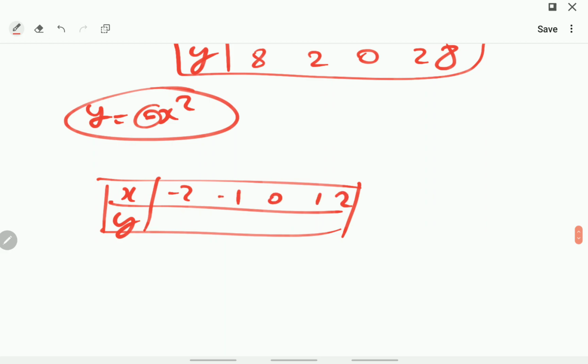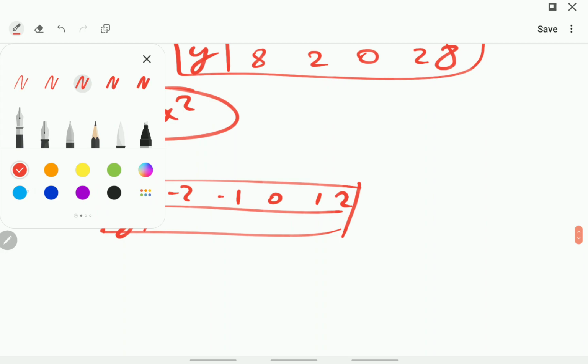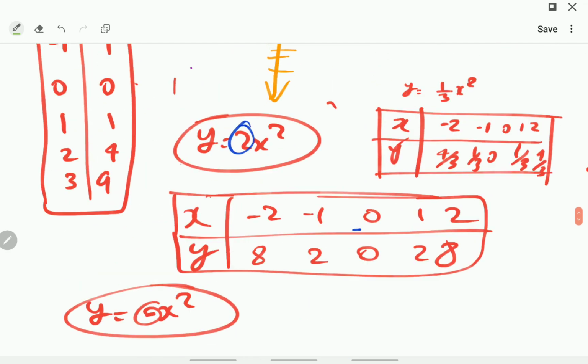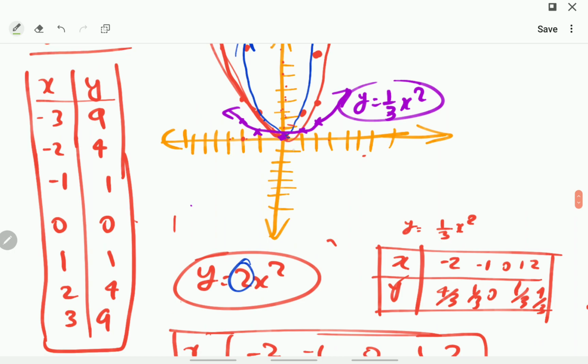This time let's use green as a color. You get -4, -1, 0, -1, -4. And when you graph that, -2, and then 1, 2, 3, 4. And then the -1 and 1 and 0.